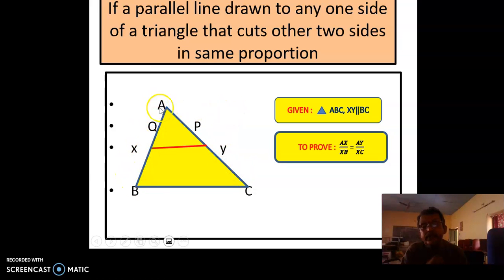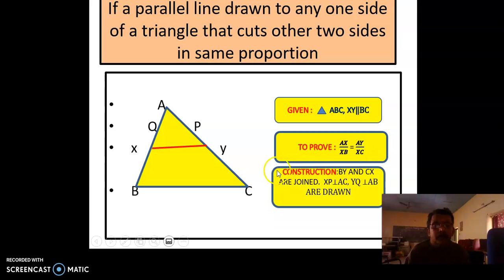That means AX by BX equal to AY by YC. Now construction is needed. So join XC and join BY, and draw perpendicular XP to AC and QY to AB. Okay, so this is the construction we need to prove.